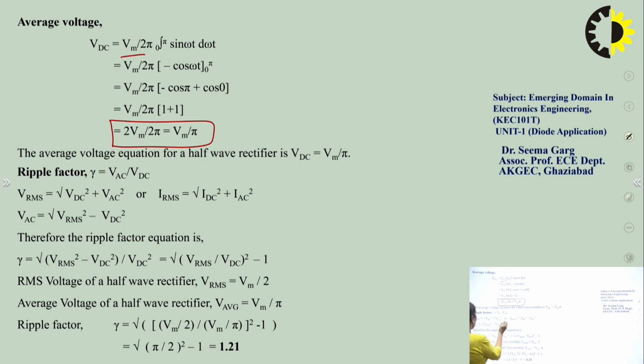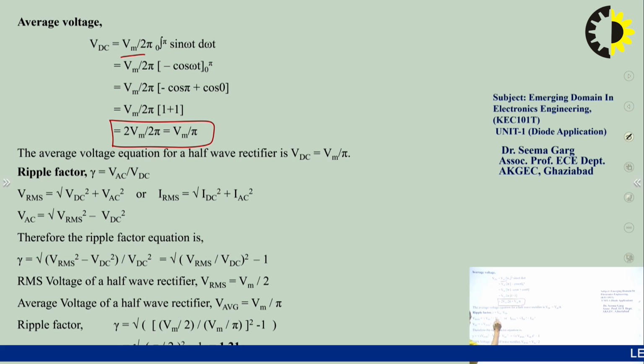Now the formula of the ripple factor is given by VAC by VDC, and we can further solve this by putting in the values of VAC and VDC. VRMS has both components, the DC component as well as the AC component.